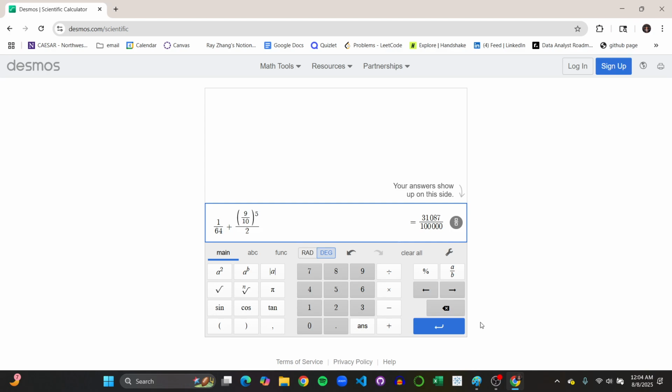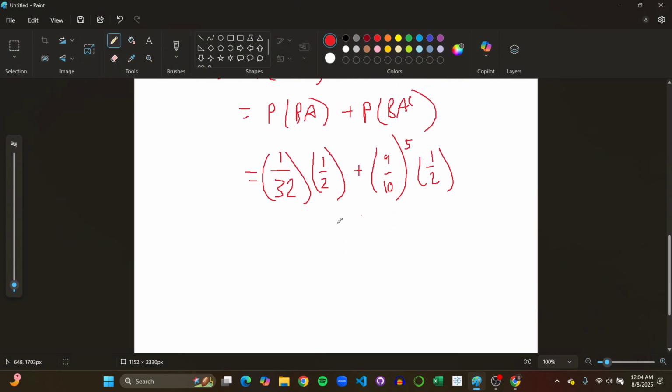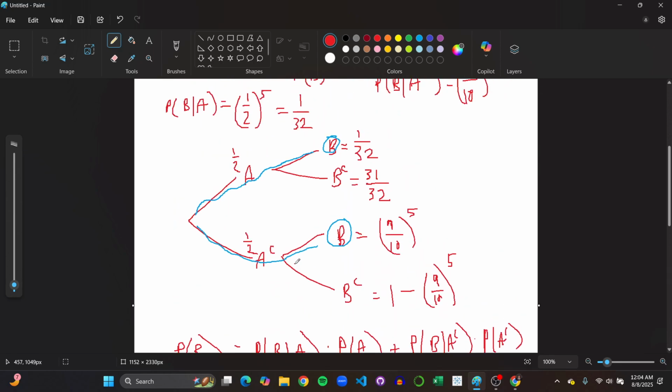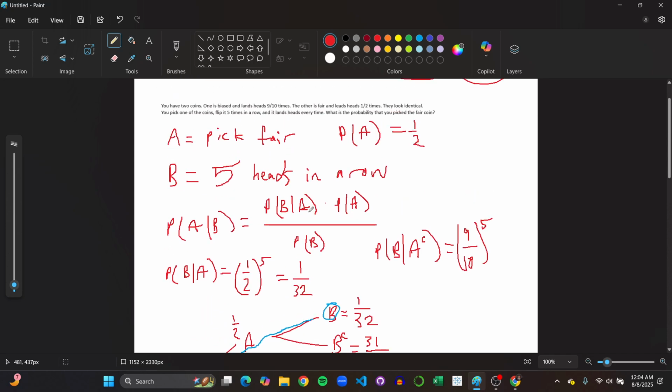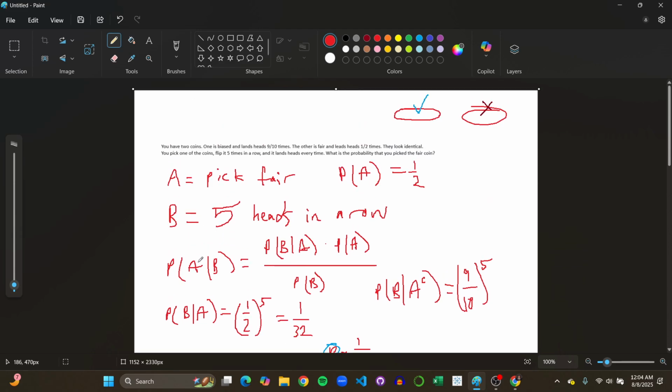Shoot, maybe I picked some bad numbers, but whatever. 31087 over 100,000. What a beautiful number. So now we have the probability of B, and we have found every number in this formula, so we can get the probability of A given B.